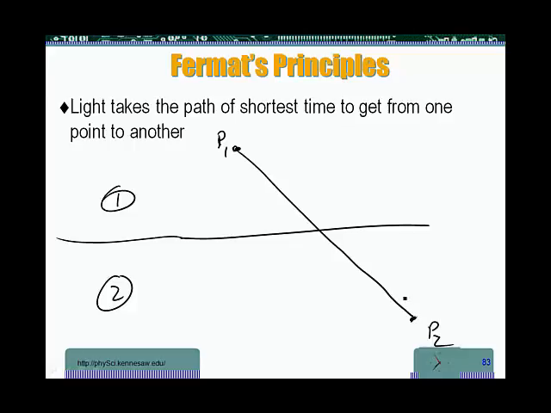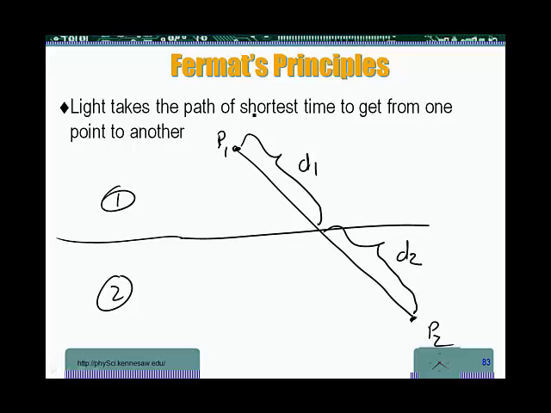That straight line involves two distances. One distance that's traveled in medium 1, let's call it D1, and one distance that is traveled in medium 2, let's call that D2. Remember that light travels faster in D1 than in D2.